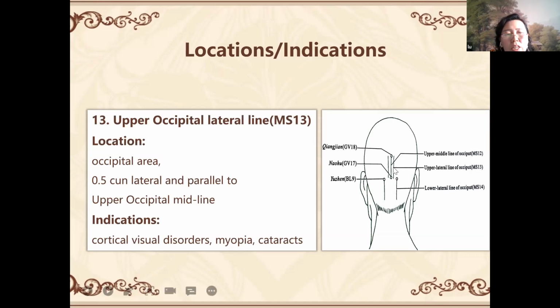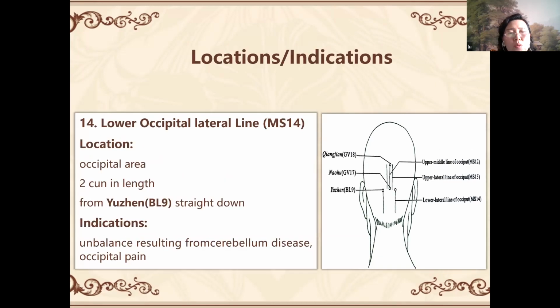This line is used for treating the problem of cortical visual disorders, myopia, and cataracts. And the last one is lower occipital lateral line. It locates also at the occipital area. It's 2 cun in length.